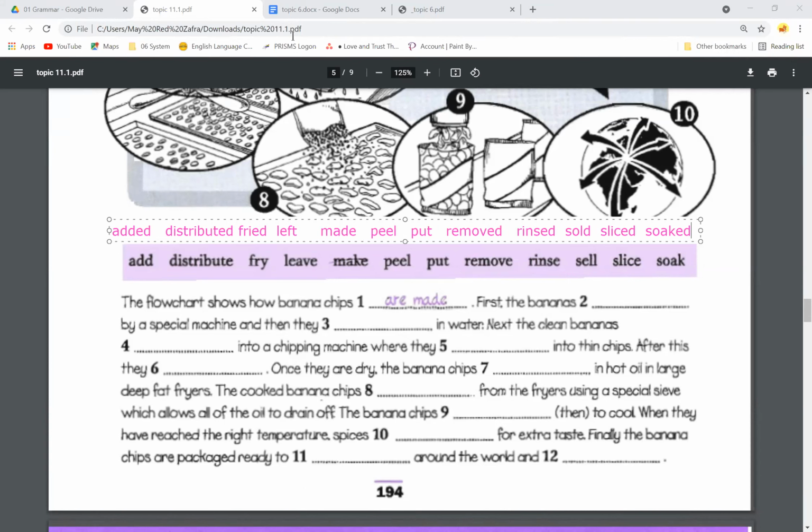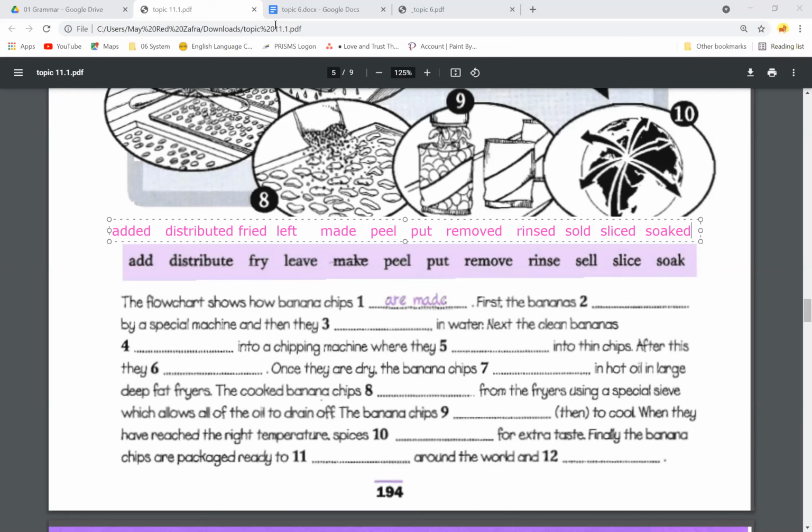I don't know this word. No, you don't need to answer it. Just read it. First the bananas and people use blank, blank buy a special machine, and tag, very small tag in water. Okay, good. Next, Chandra, number 4.